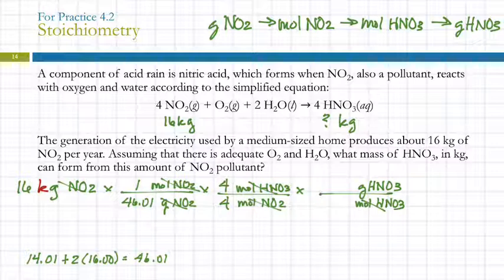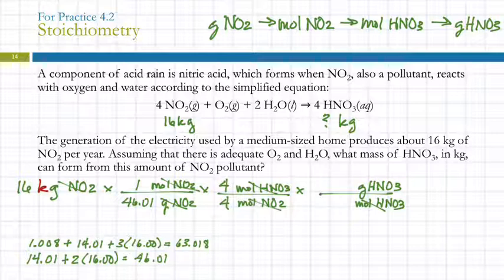And then I also need the molar mass of HNO3, 1.008 plus 14.01 plus 3 times 16. 63.018. So my last term here, 63.018 grams of nitric acid for every mole.